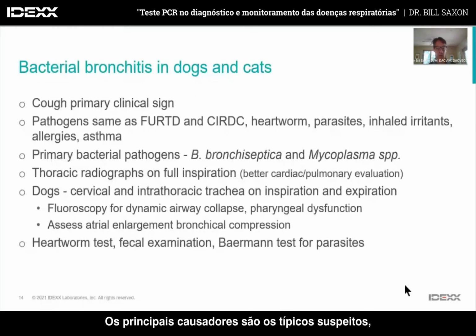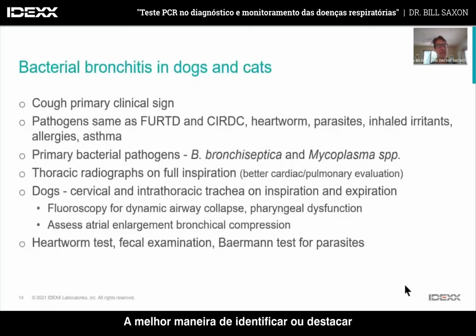The primary offenders are the typical ones you would suspect, same as for the upper respiratory tract disease. And here, thoracic radiographs are a must. Now, thoracic radiographs do have a role in upper respiratory tract disease when it doesn't respond or resolve spontaneously, just to make sure there's not more broad pulmonary or respiratory tract involvement, lower as well as upper. But with bronchitis, absolutely radiographs.